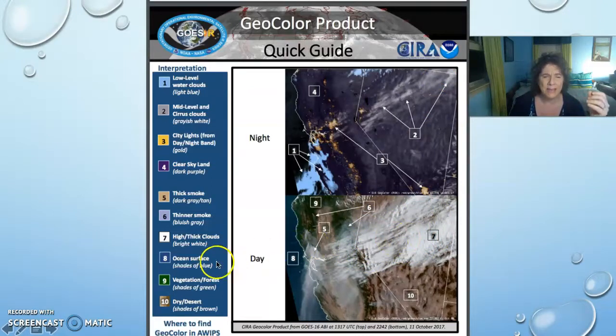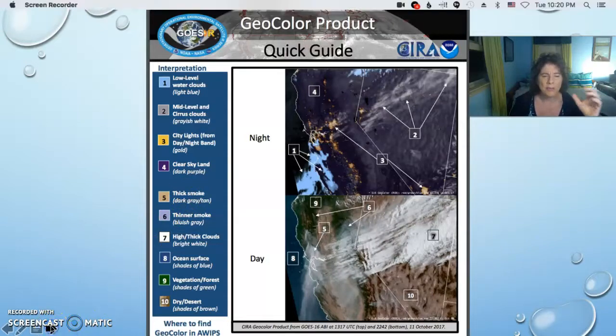You know about the city lights. What you're seeing in here as well is fire smoke being driven by winds in California. So they'll give you information about thinner smoke and thicker smoke in here as well, so you can understand what you're looking at.